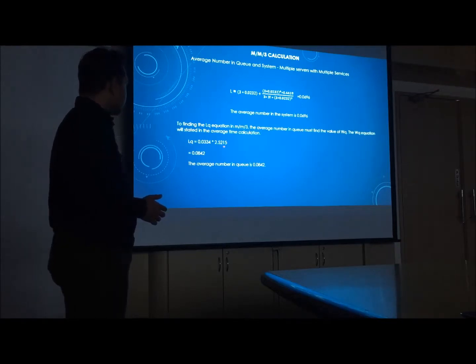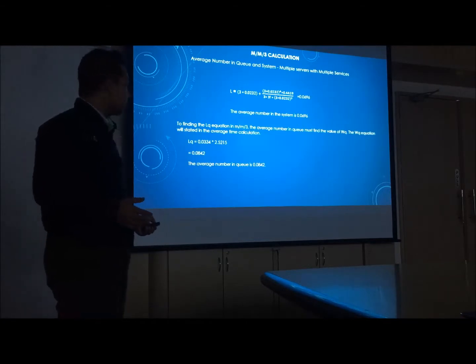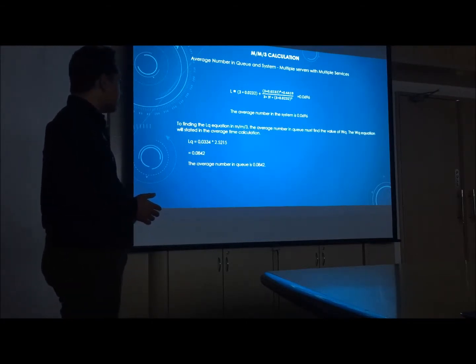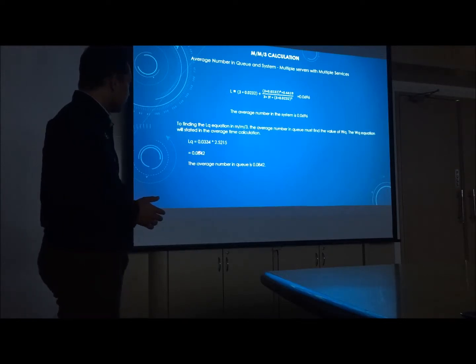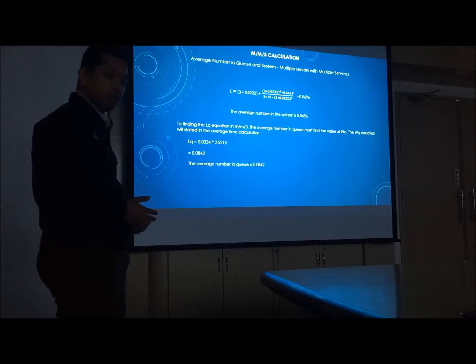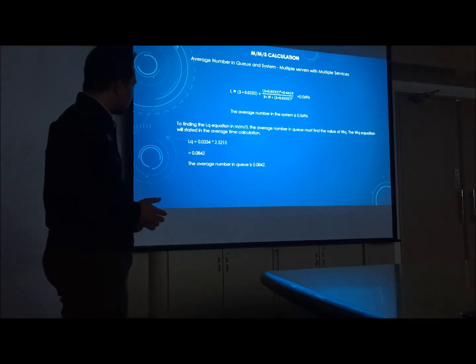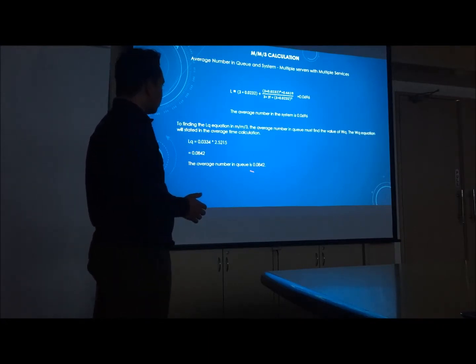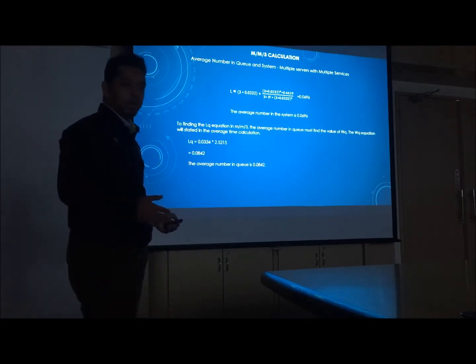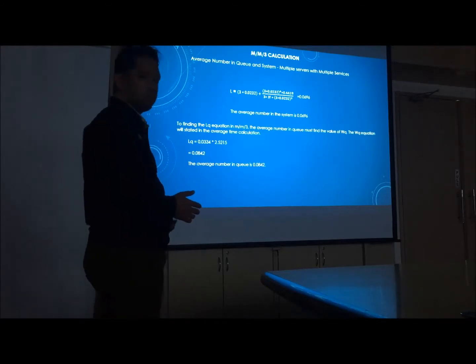So this is the equation to find the LQ, the average number in Q, which is LQ equal to 0.0334 multiplied by 2.5215, equal to 0.0842. So the average number in Q that we get is 0.0842.